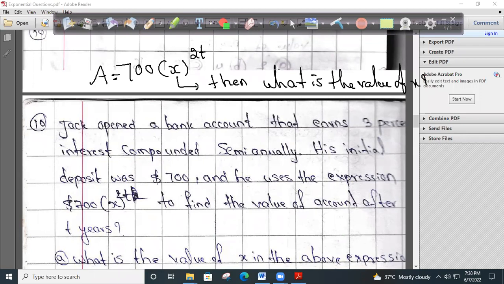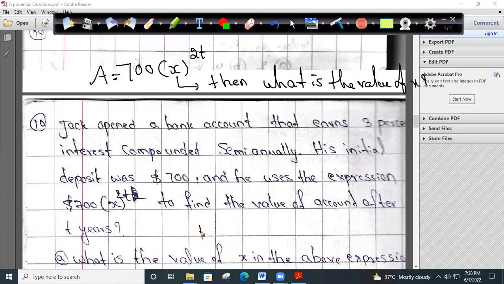I told you one simple formula. What is the formula? Please write that formula here. P, principal, into 1 plus rate of interest by number of times into 100, whole power n into t. So principal is 700. So 700 into 1 plus rate of interest per annum is 3%, compounded semi-annually.